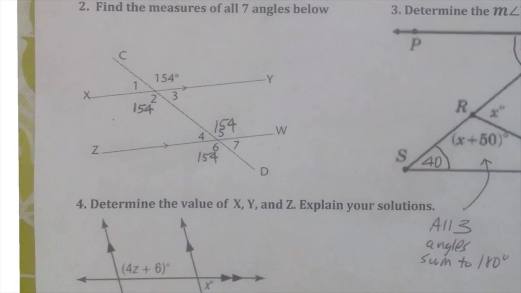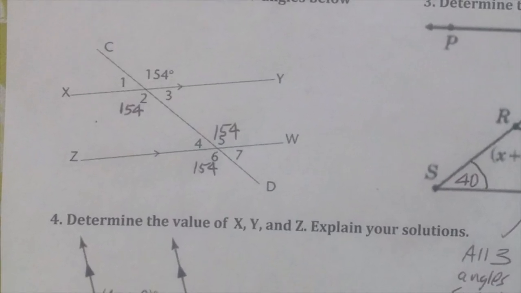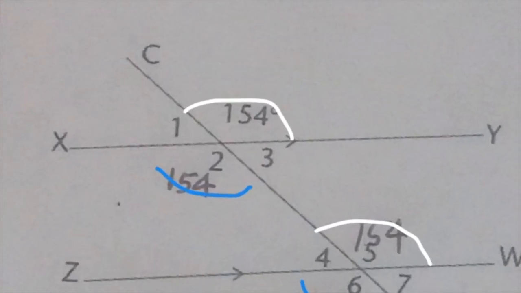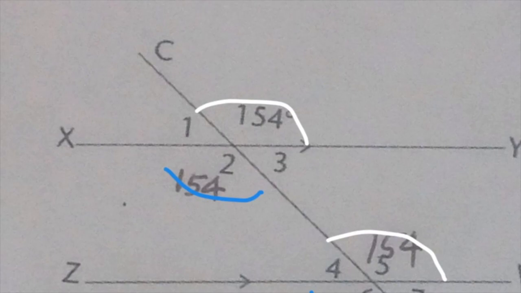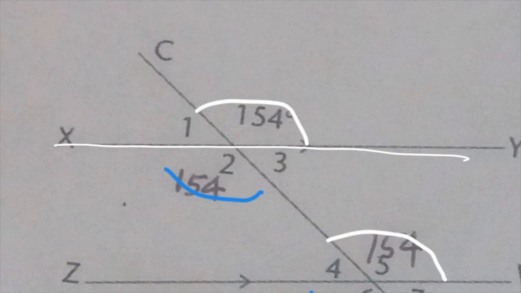Alright, question number 2, you can see that I've actually started the solution there. I've matched up the corresponding angles with each other and then found the matching vertical angles. And then all that remains to do is find the other angles that are there, and to figure that out you should think about this as being a straight line worth 180 degrees altogether. So these are linear angles, angle 1 and the 154.